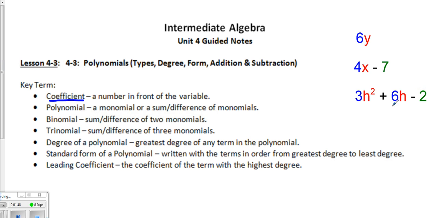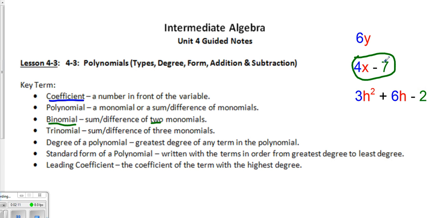So again, each of these monomials are the terms. A binomial is a certain kind of polynomial that has 2 terms. So 2 monomials in it. So out of these 3, the binomial would be this middle one, the 4x minus 7. It has 2 terms, or 2 monomials, the 4x and the 7.